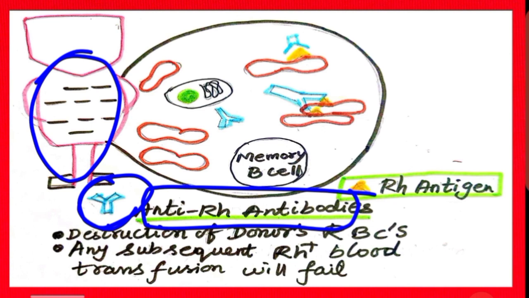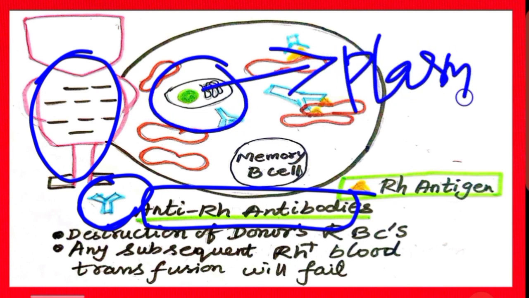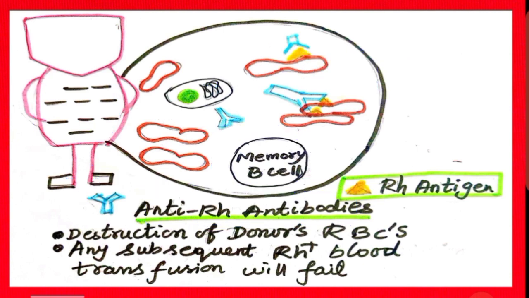Thus, anti-Rh antibodies are secreted by Rh specific plasma cells, and Rh specific memory B cells are also produced. These Rh antibodies will recognize the Rh antigen.